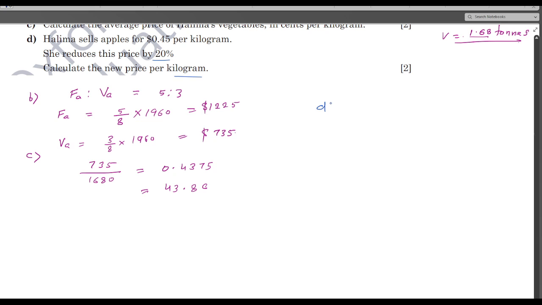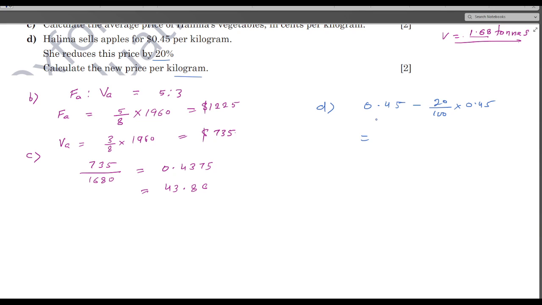So for D, 0.45, you are reducing it by 20%, means you are decreasing by 20%. So it is minus 20 divided by 100 times 0.45. So your new price will be 0.45 minus 20 divided by 100 times 0.45, which is 0.36.